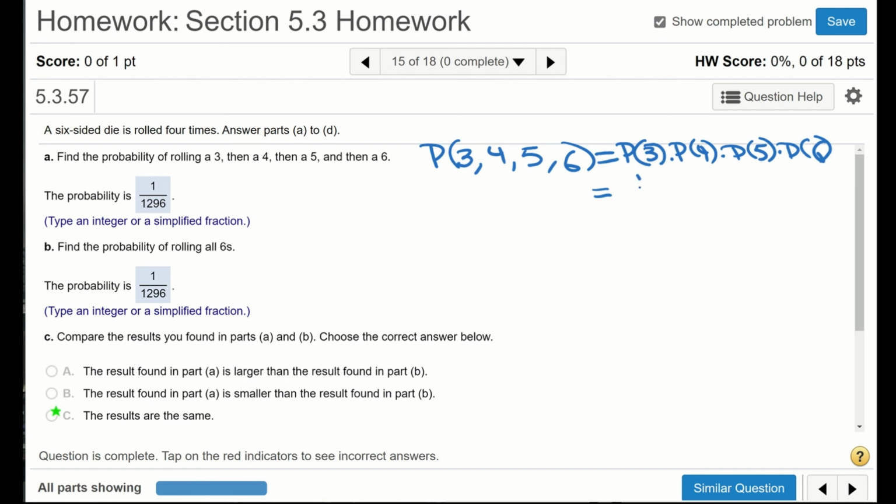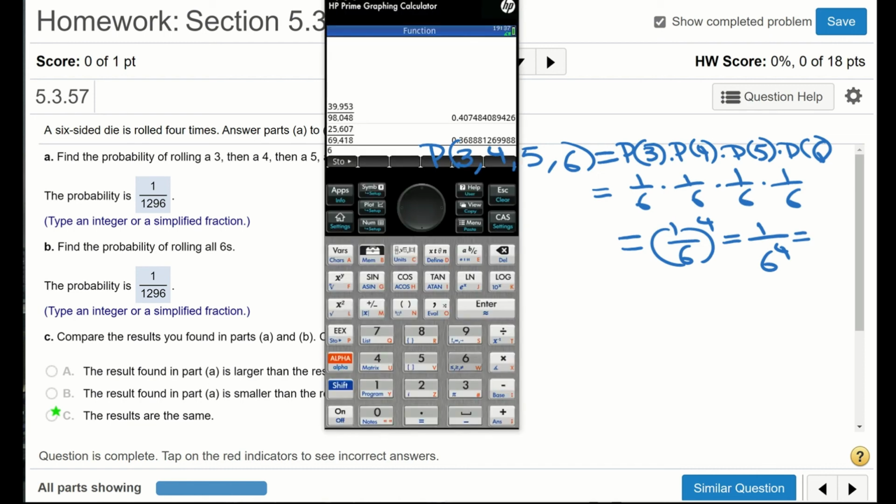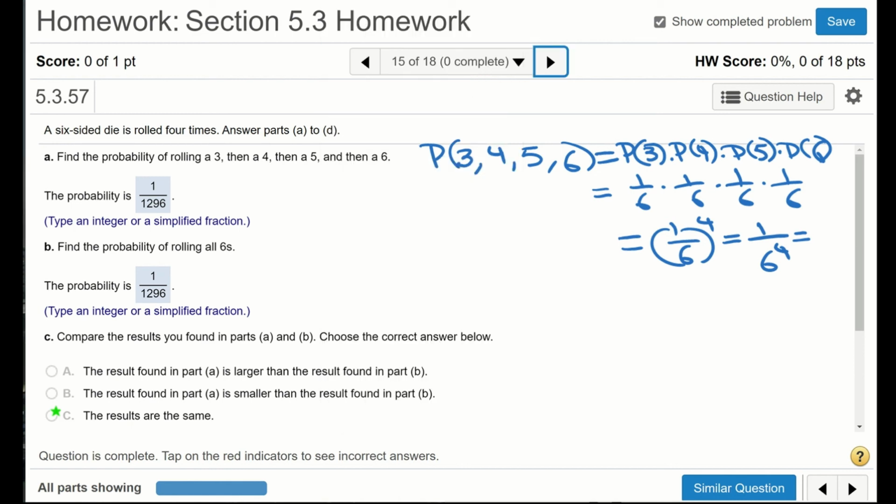So this is just going to be 1/6 times 1/6 times 1/6 times 1/6, which is basically just 1/6 to the power of 4, which is 1 over 6 to the power of 4. And all we have to do is compute that. So we see that 6 to the power of 4 gives us 1296. So we get 1 over 1296, like that.